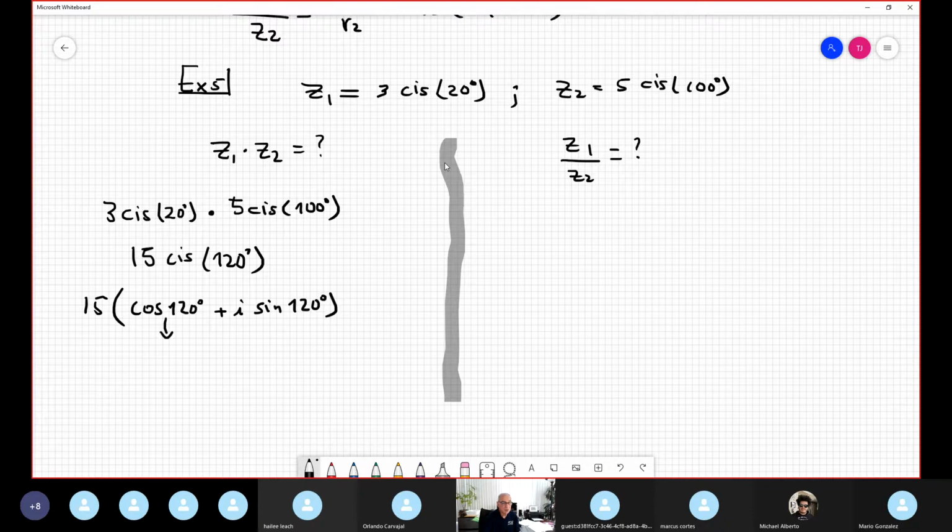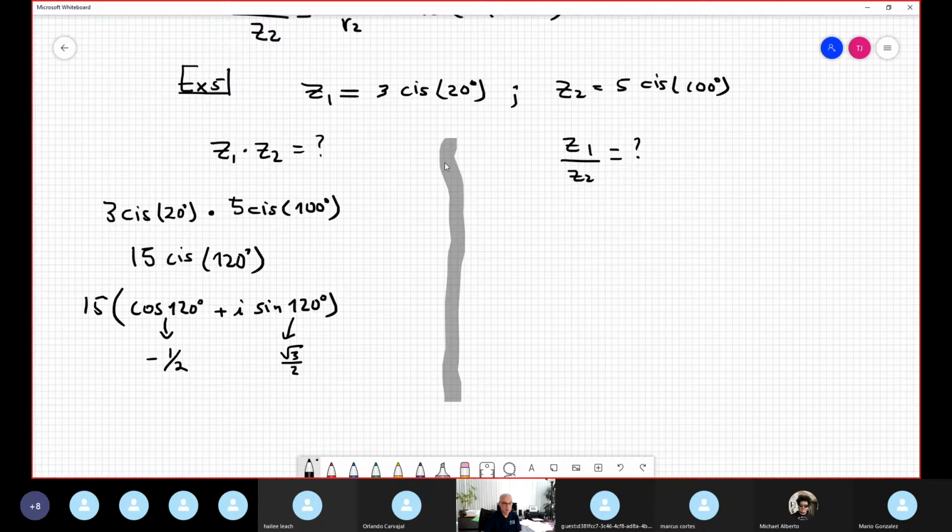I know by memory that cosine 120 degrees is similar to cosine of 60, so the reference angle is 60, and cosine 60 is 1/2, but you adjust the sign, and I know that in the second quadrant the cosine is negative. Boom. And here is exactly the same, sine 60 is radical 3 over 2, but in the second quadrant, where 120 lies, sine is positive.